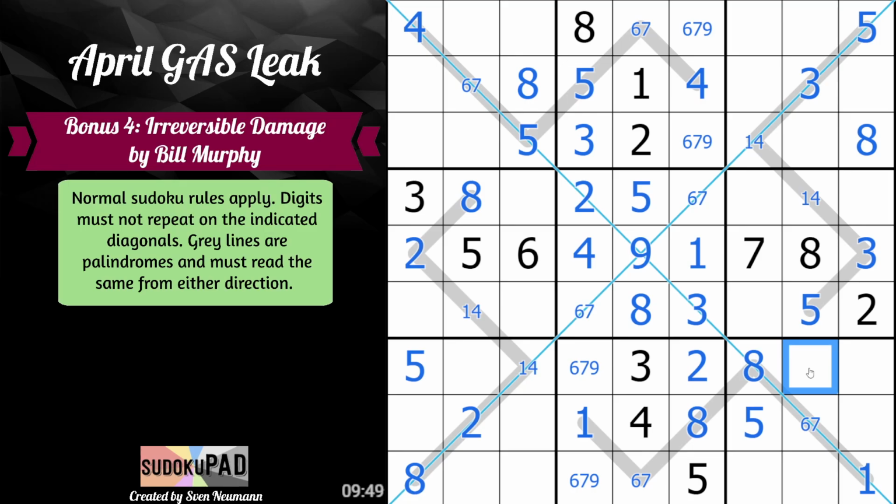So 9, 2. 2 still needs to exist somewhere in the column. Hmm. Same thing over here.